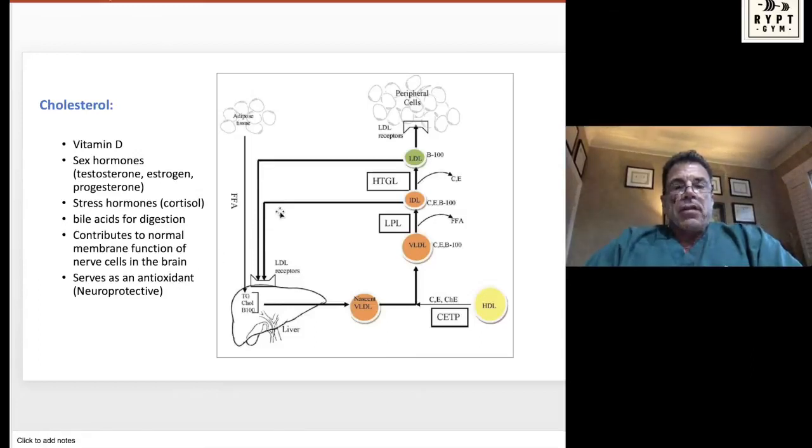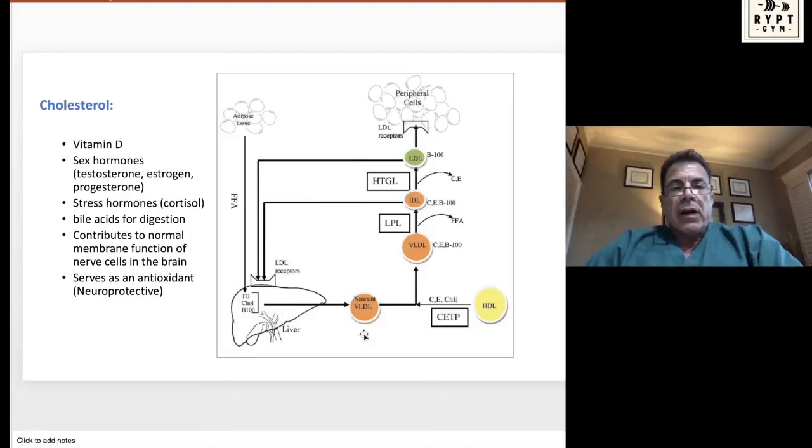This is an important slide because there's so much focus on cholesterol as being the bad guy. But really, cholesterol in the liver is packaged with triglycerides into very low density lipoproteins. Lipoproteins are what allow fat to mix in water.